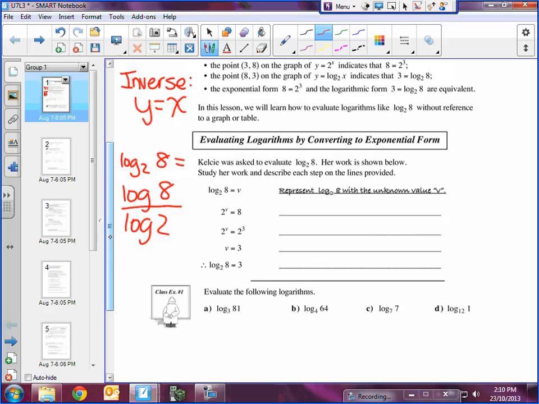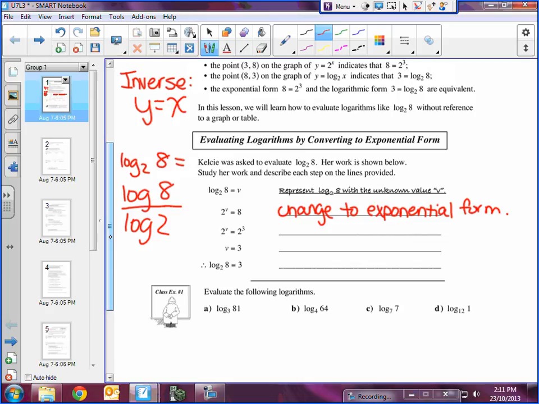What did she do here? Yeah, change to exponential form. So we start off with a logarithm, then we change to exponential form.